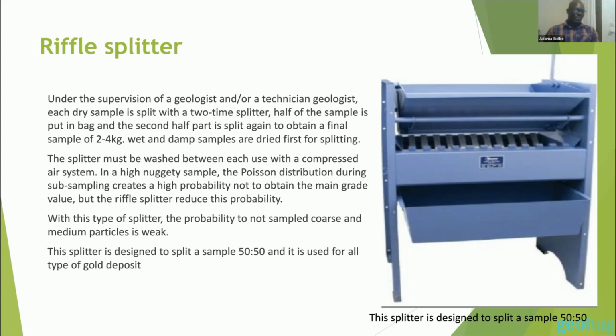In a high nugget setting, we have a high probability of not obtaining the main grade value. But this type of splitter reduces this probability because the samples are split 50-50, and by gravity, the sample goes down 50-50.